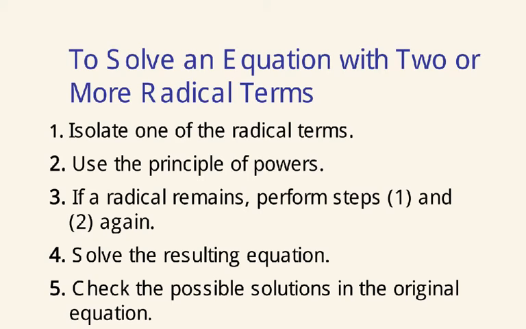But if you still have a radical, you're going to have to go through again, and keep going through and doing this until you're completely clear of radicals. Okay? You'll solve the equation that you get, and then you'll check the possible solutions in the original equation to see which of the possible solutions are actual solutions.